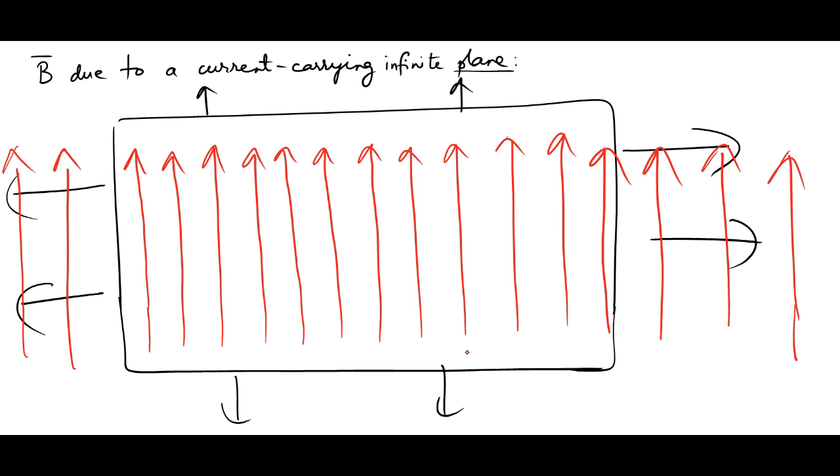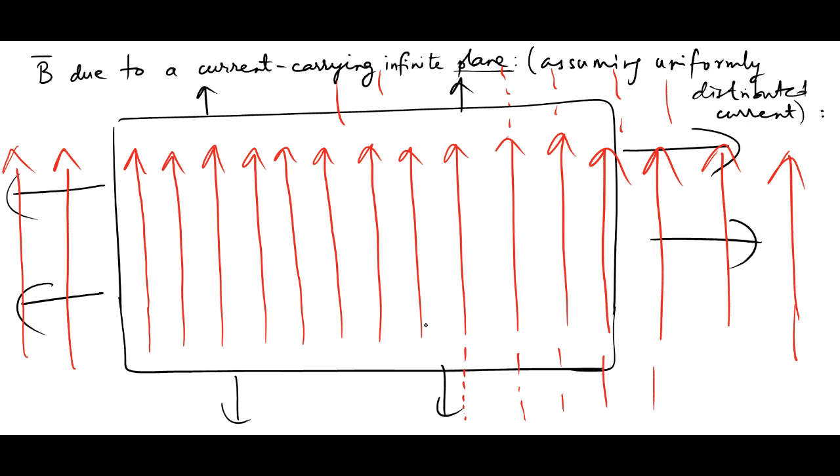And if you go down an infinite distance, you'll still see the current flowing, as well as if you go up. So that's what I mean by a current carrying infinite plane. Of course, I should have specified assuming uniform distribution of current.